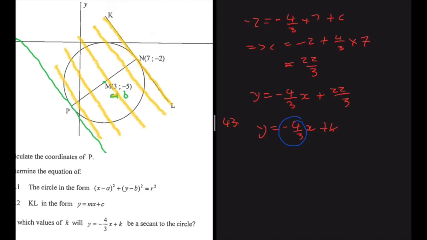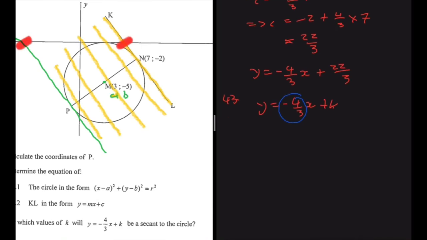So as long as the y-intercept is between the y-intercept of KL and the y-intercept when it touches the circle at P, then for those values of k, because k is the y-intercept where x is 0, that equation will be a secant, right?